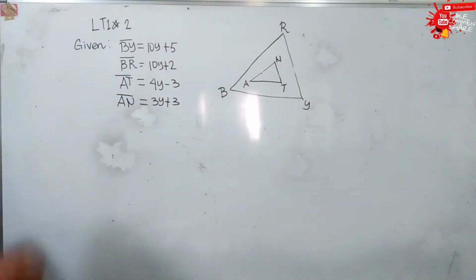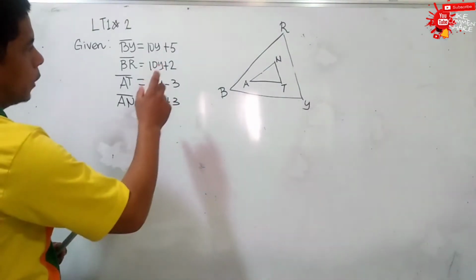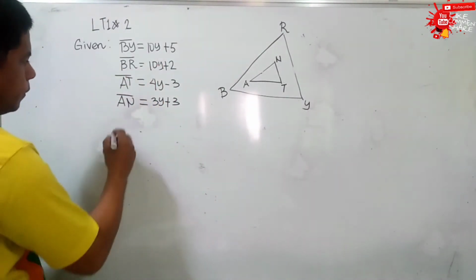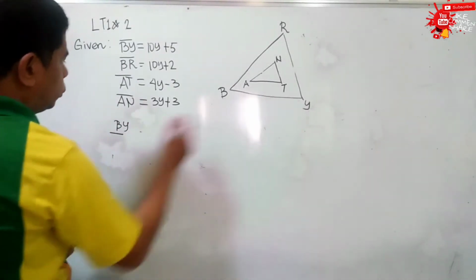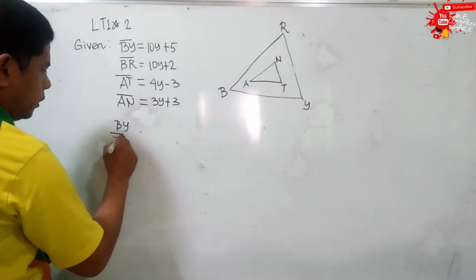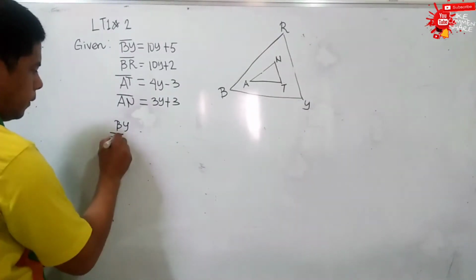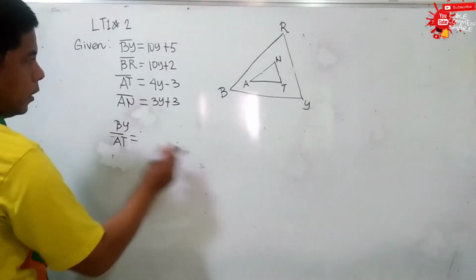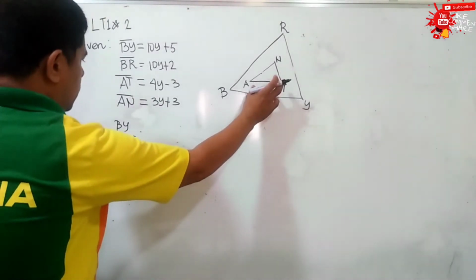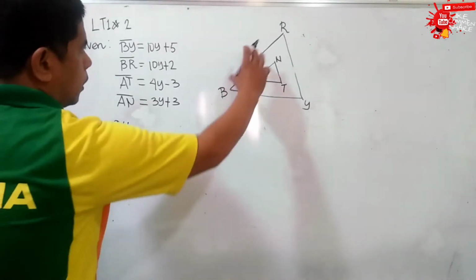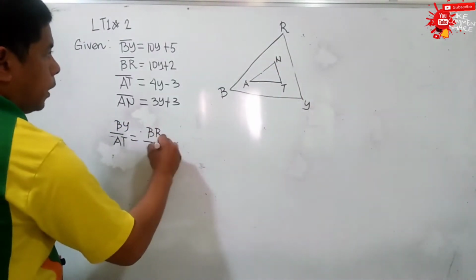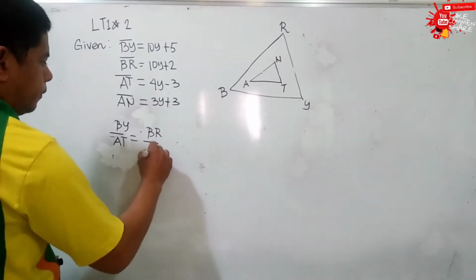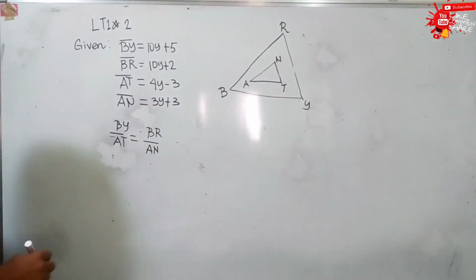So again, gagawin natin itong proportion. Okay? So, given tayo ng BY corresponds to AD, and BR corresponds to AN. Okay, mahaba-haba to.